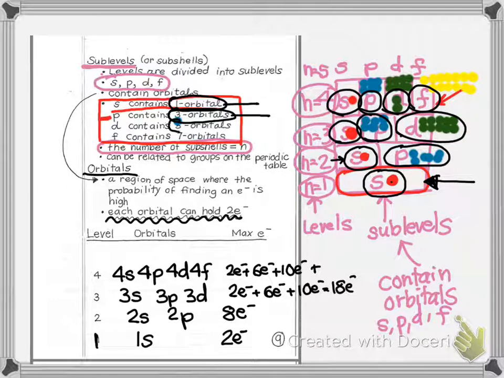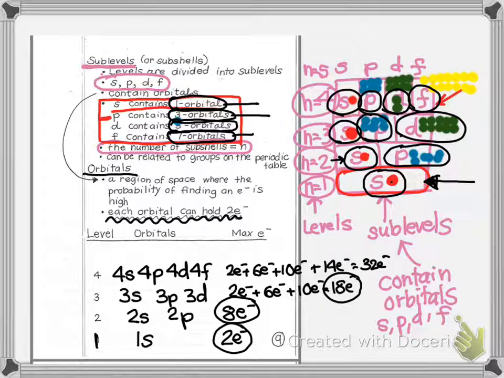And I'm getting 10 because d levels have 5 orbitals, and then F sublevels have 7, which would be 14. So that is 32 electrons. So the first level has 2, the second level has 8, the third level has 18, and the fourth level has 32. And anything past the fourth level will also have 32 because the most we have are S, P, D, and F sublevels.